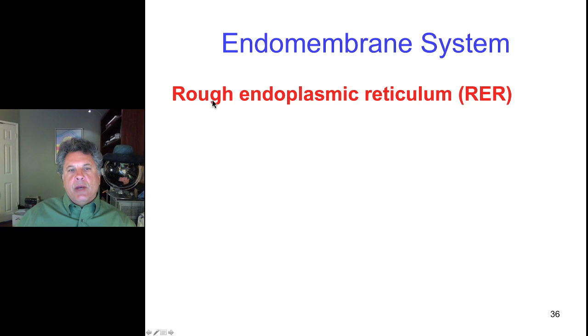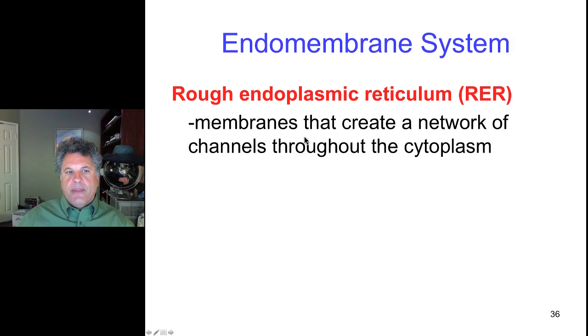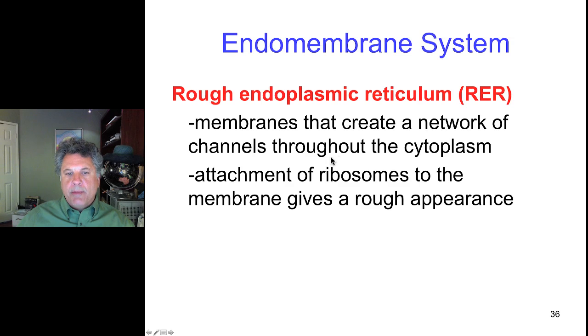So if we look at the endoplasmic reticulum, there is the rough endoplasmic reticulum, the RER, and these are membranes that create a kind of canal system, a series of channels throughout the cytoplasm, and the rough endoplasmic reticulum has ribosomes attached to the membrane. And those ribosomes, as they manufacture proteins, shunt the proteins into the lumen, or the inside, of the rough endoplasmic reticulum.